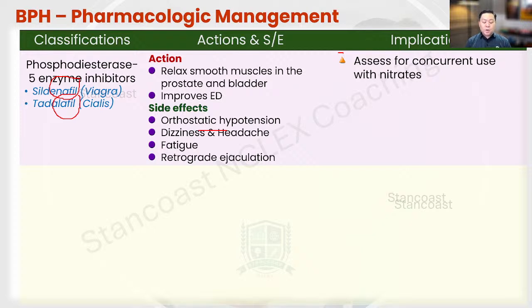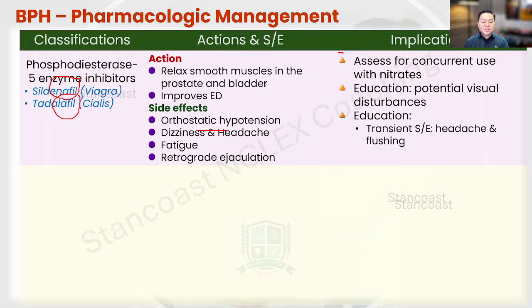Okay. Now, also teach the patient to report any potential visual disturbances, because if they end up having those, this could probably lead to more irreversible problems. It could be in the form of, let's say, visual disturbance that can be exacerbated by this classification.